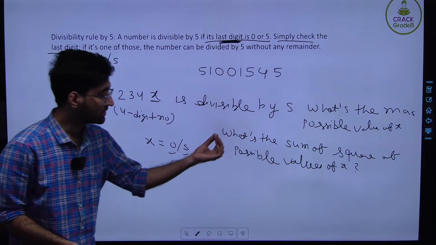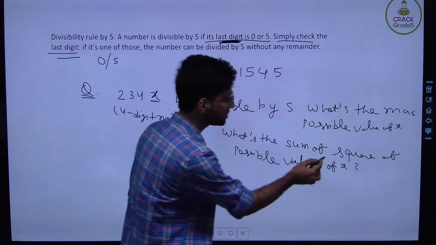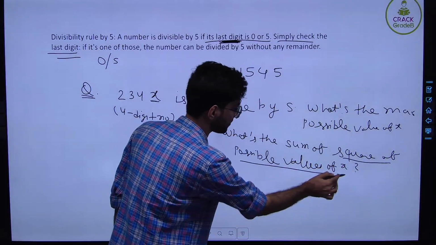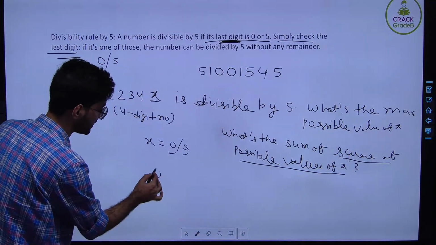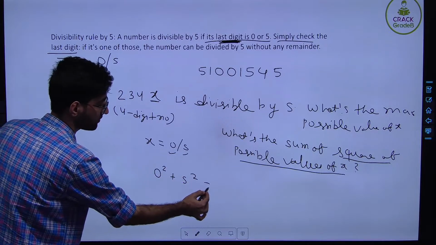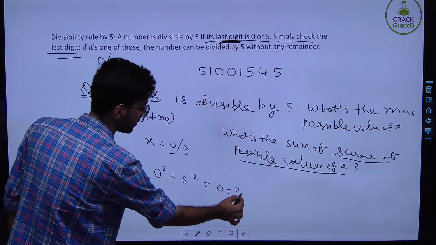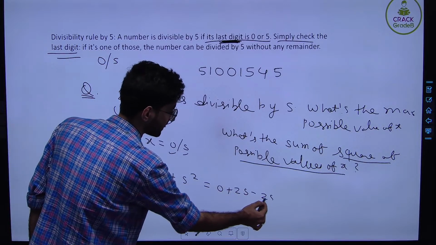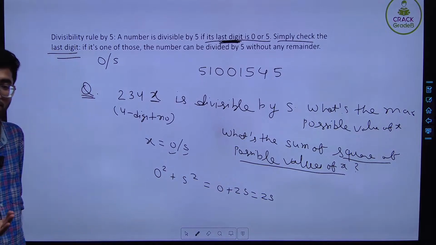You have to square 0 and you have to square 5. Obviously, the square of 0 is 0, and the square of 5 is 25. So, 25 will be the answer.